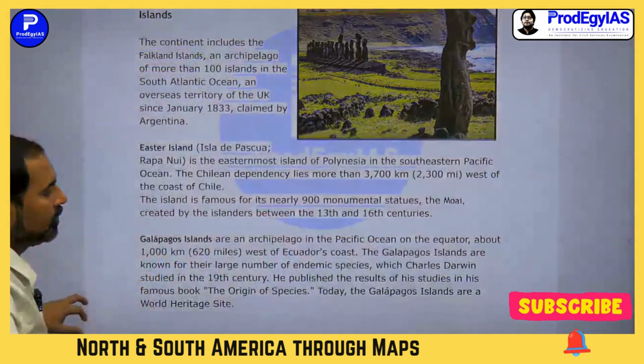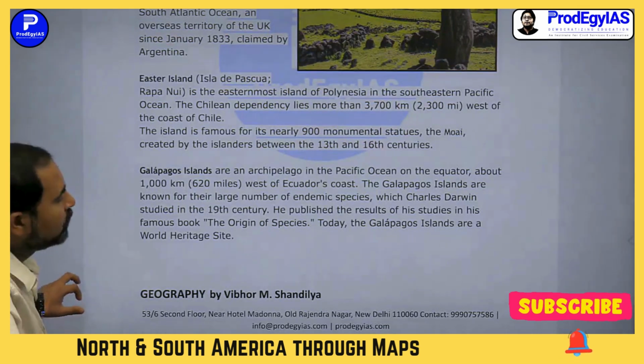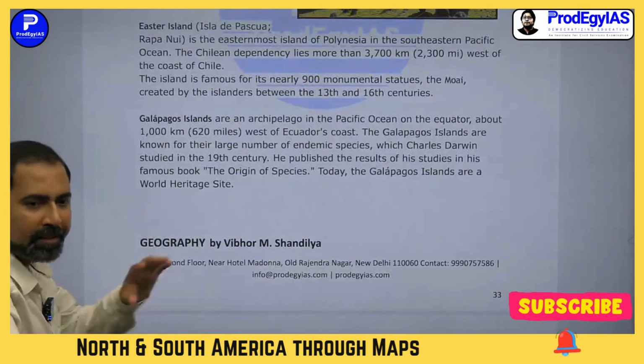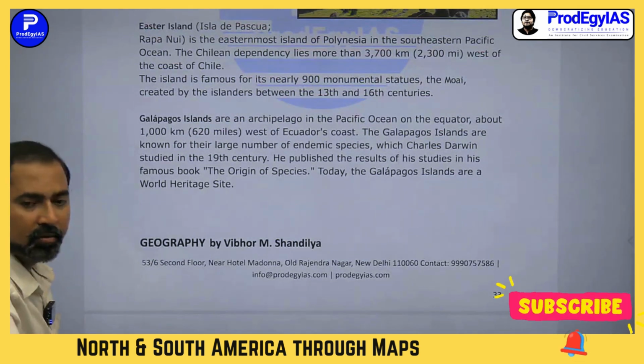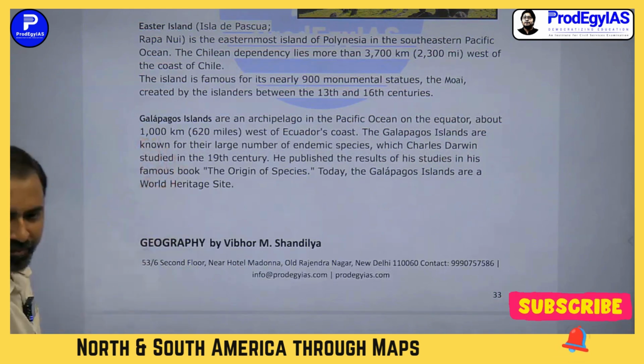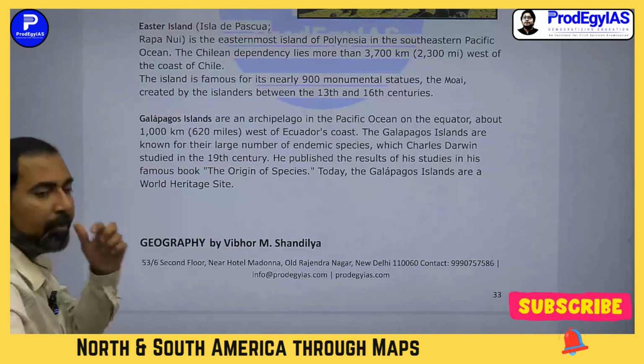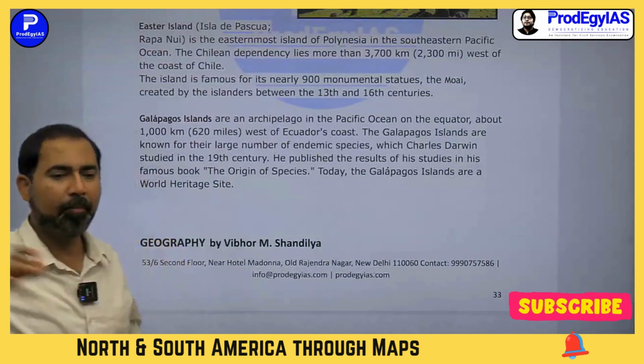Galapagos Island, you know, was the island where Charles Darwin used to survey all the species, and his book Origin of Species was majorly based on this island. Still, it has many endemic species like big turtles.